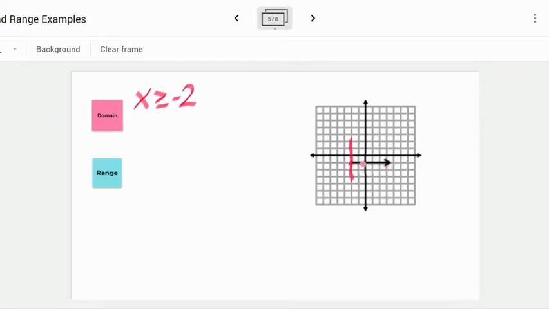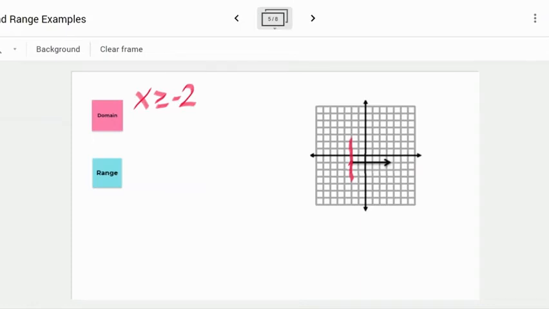That means my line will always continue. There will be no parameters set for the domain to the right, which means that is the end. My domain is x is greater than or equal to -2. All values for x will show up on this line as long as they are greater than or equal to -2.